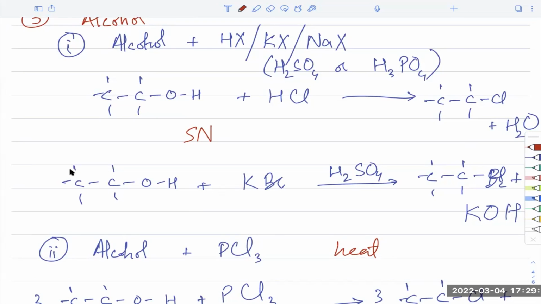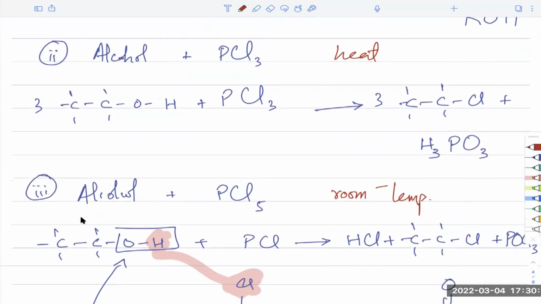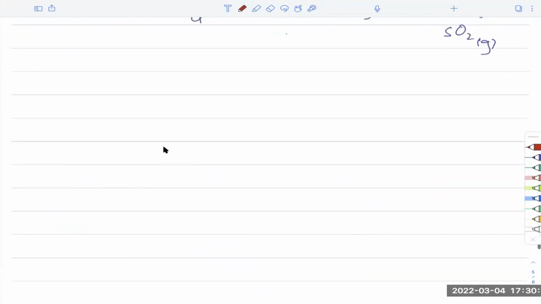But with alcohols, you can either take the whole OH minus ion and replace it with chlorine right away. And that's nucleophilic substitution. We do it in presence of an acid. Or you can just take one of these 3 things, PCl3, PCl5, or SOCl2. And they will do their job, providing you with halogen alkanes. In all of them, you get halogen alkanes.